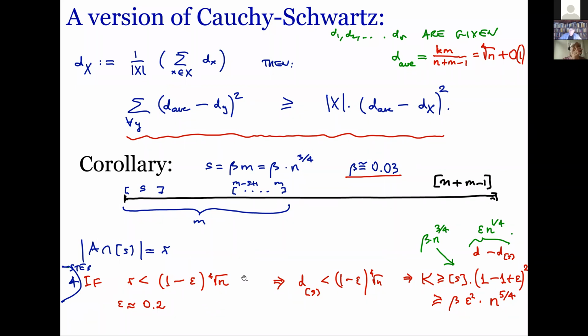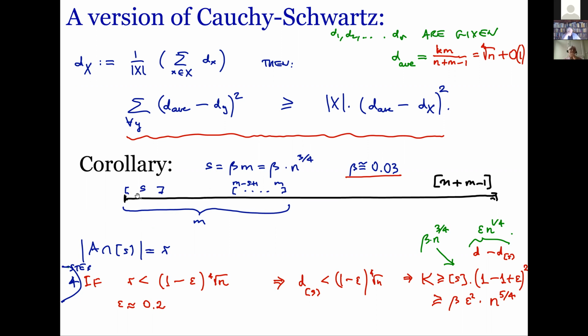So now comes the most important step here, that we have the hypergraph, we have the shifted hypergraph obtained from one Sidon set on n elements, but now we have n plus m elements, n plus m minus 1. M is small, n to the 3/4. So this m is actually very small.